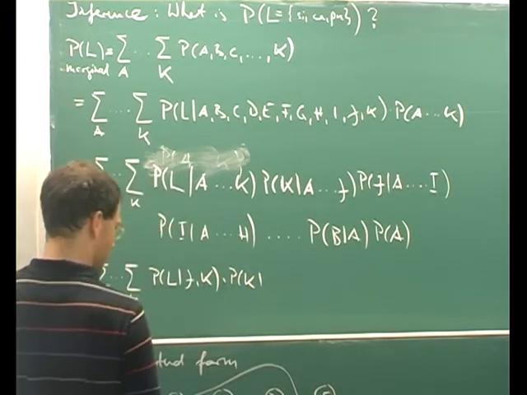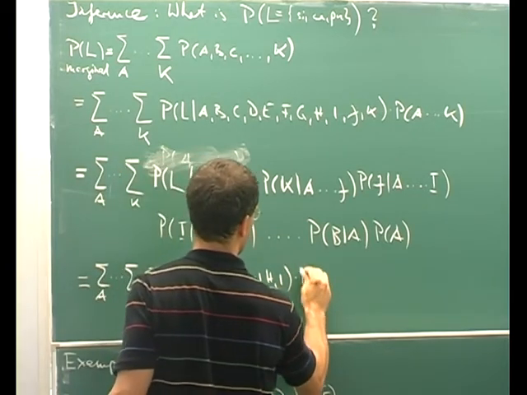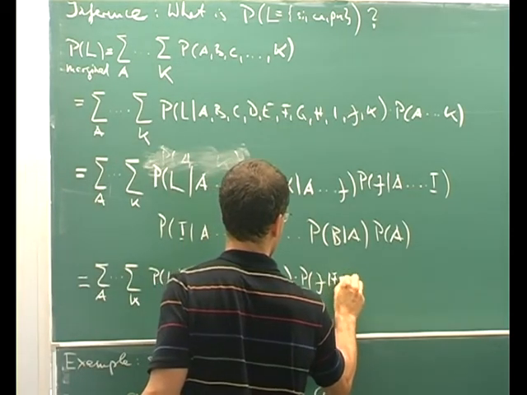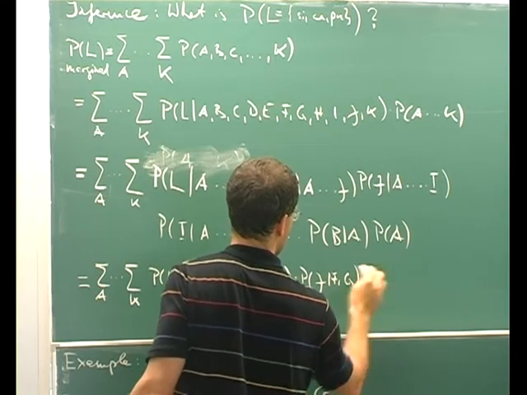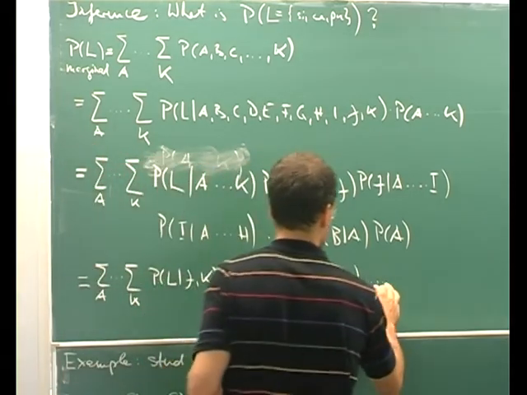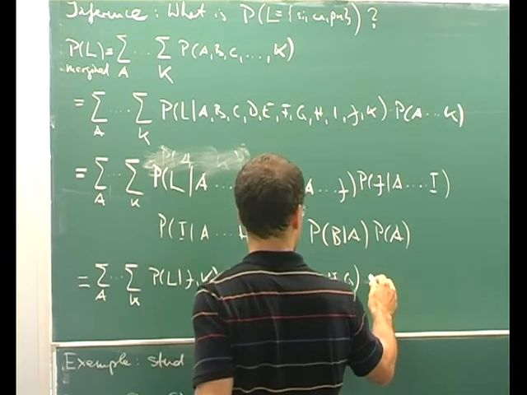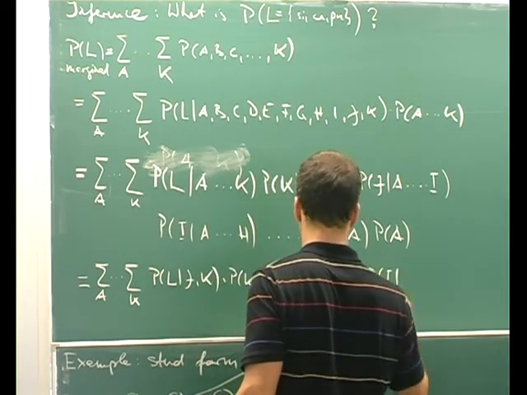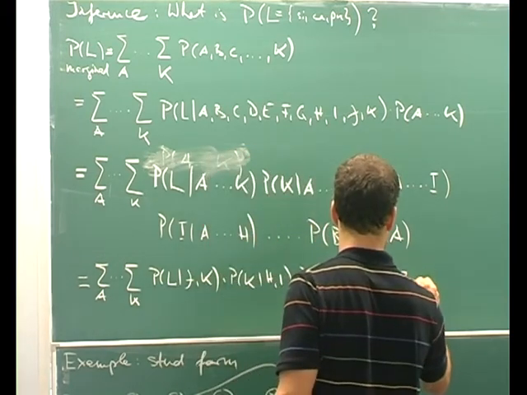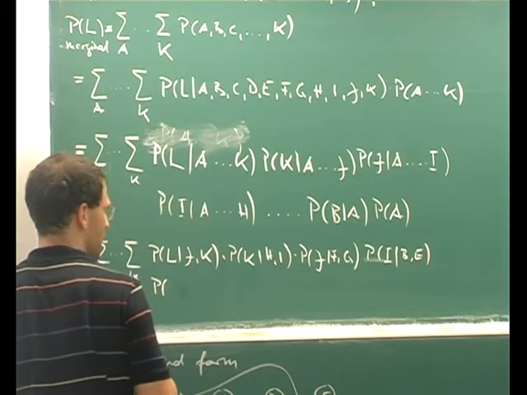Then K depends only on H and I and not on all the others. J depends only on F and G and so on. Well, I will actually finish this explicitly, just to make the point that even if I write it all down, this is still going to be much cheaper.